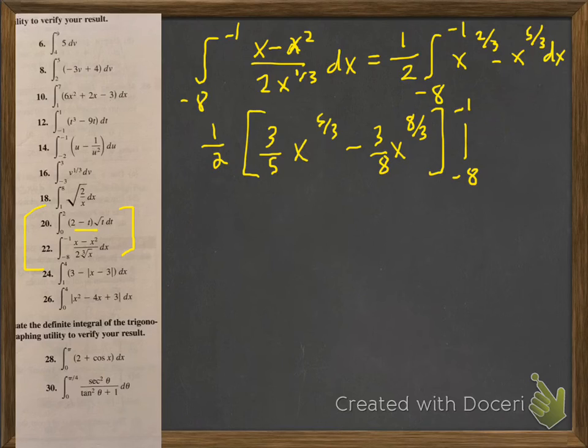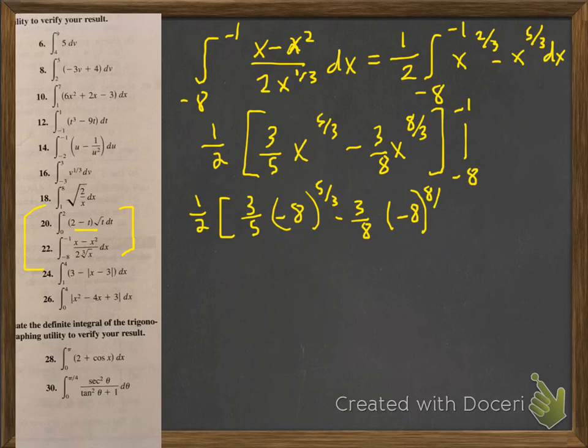Now we have to plug in our values and simplify. This is one where you got to be pretty careful. 3/5 -8 to the 5/3 minus 3/8 times -8 to the 8/3.